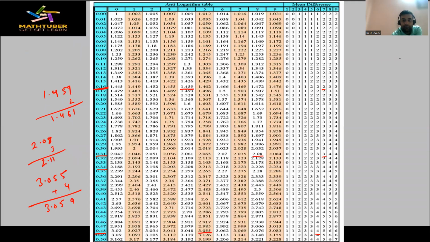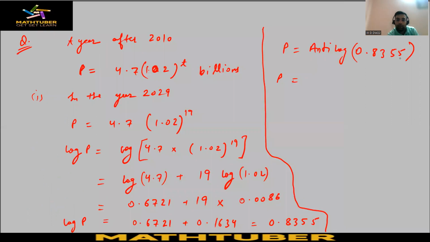Here we don't have 0.83 values. You can see the anti-log table in the book ML Agrawal. So the answer will come out to be 6.847 billions, because the given equation was in billions. So this will be the answer, right?